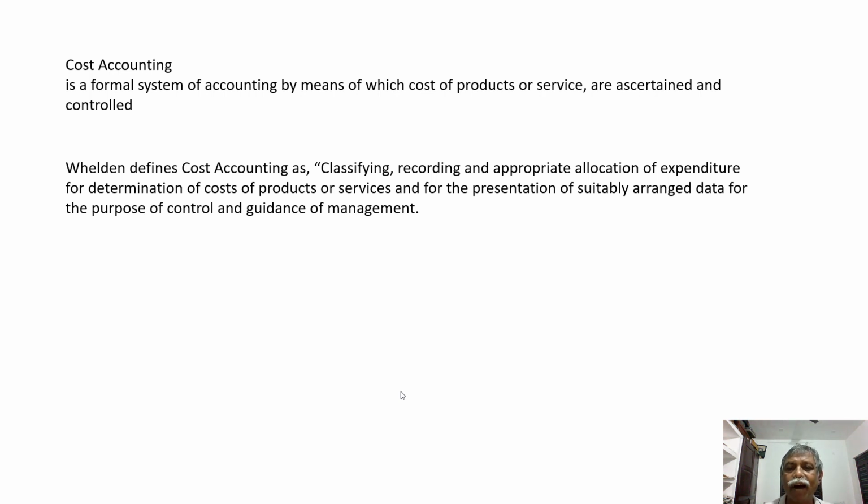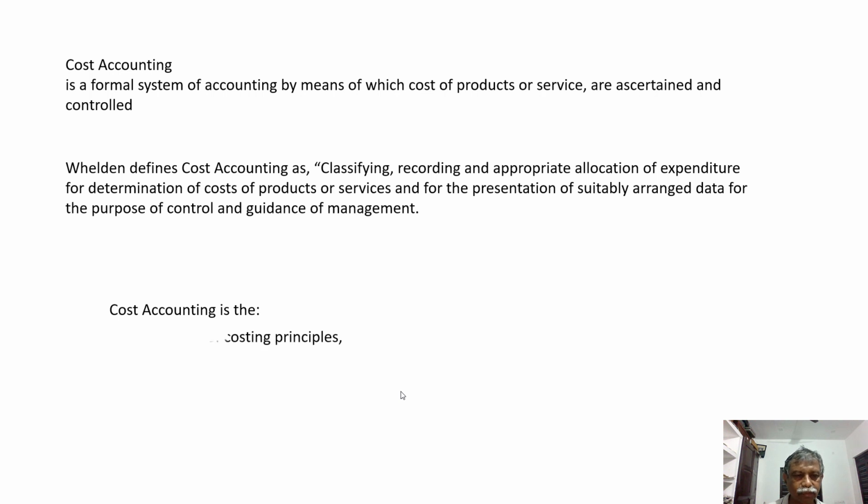And why you want to find out? This is for presenting suitably. This data will be arranged properly and presented for what? For the management, for control, to reduce the costs. Any wastage is there? Can we avoid wastage? Okay. And guidance of management. So guide management. This will help management to take decisions.